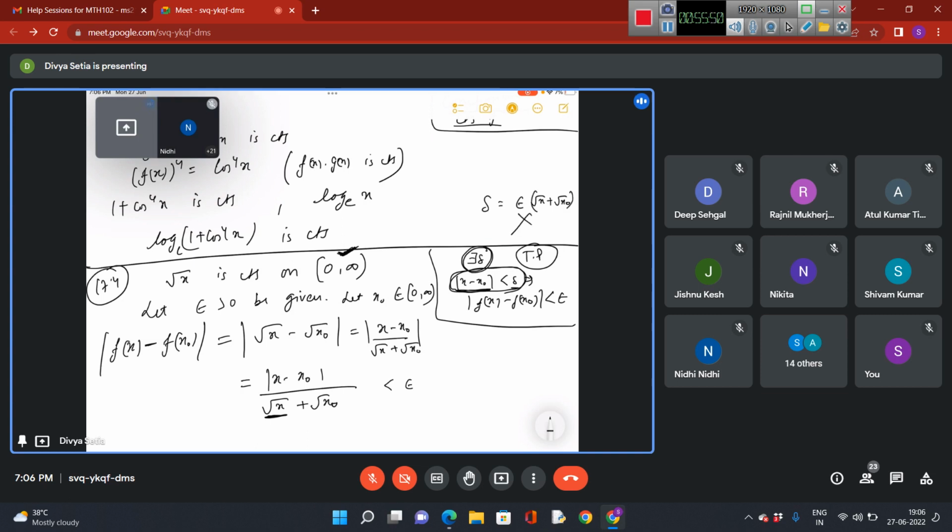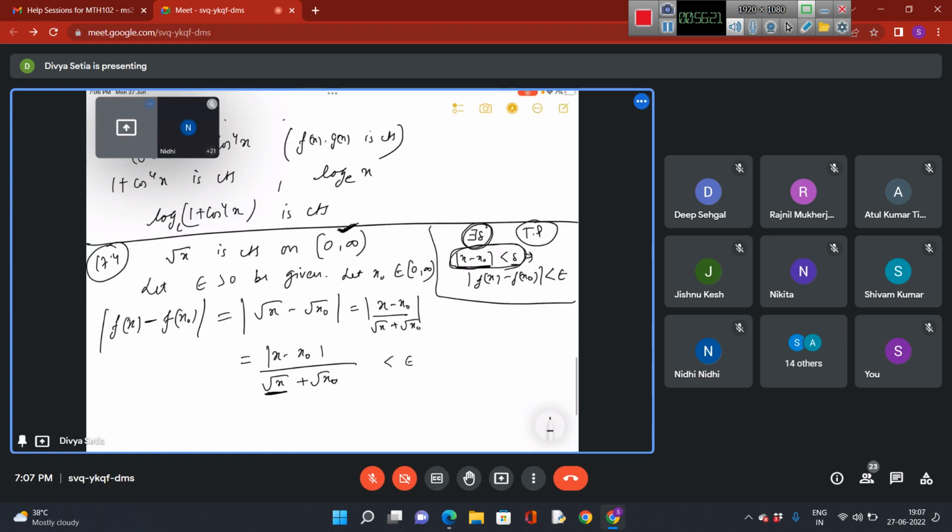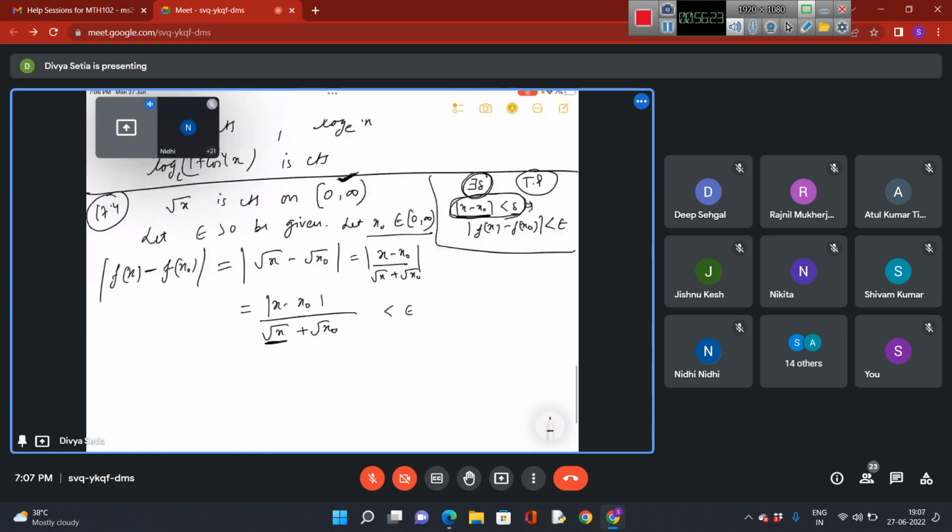No, this cannot happen. Whenever there is x, you cannot write your delta because x is a variable and keeps on changing, and you want your delta to be a fixed quantity. So this is completely wrong. If you write your delta in terms of x, you will not get any marks for it. You have to create such a delta which does not involve any x. x naught is fine. x naught is a fixed real number, but x is a variable.